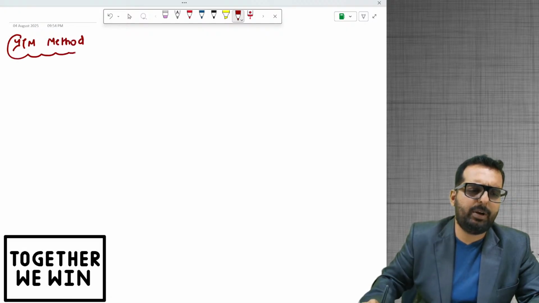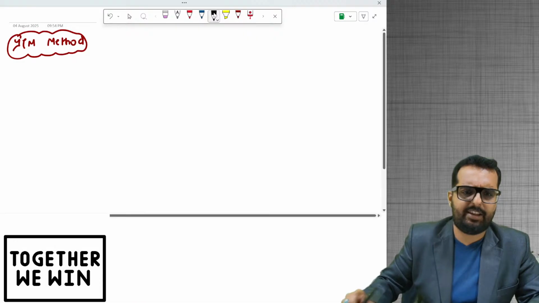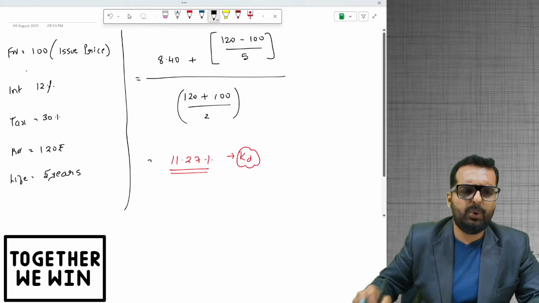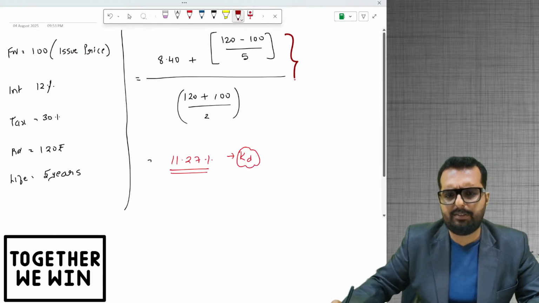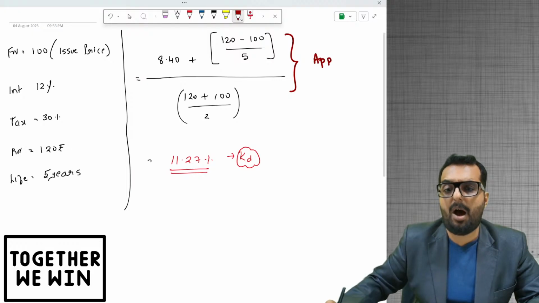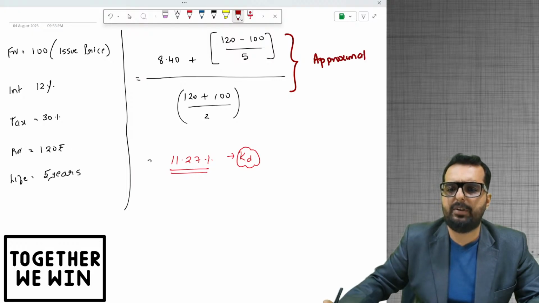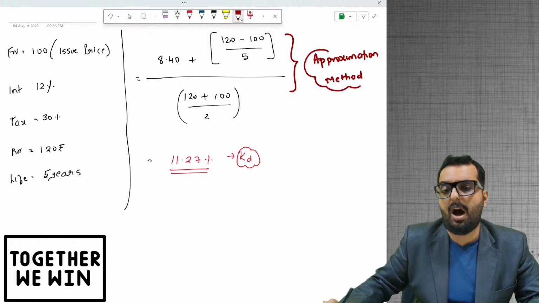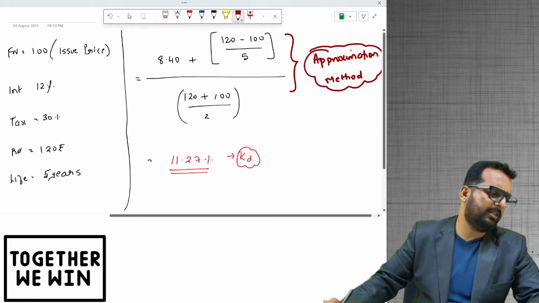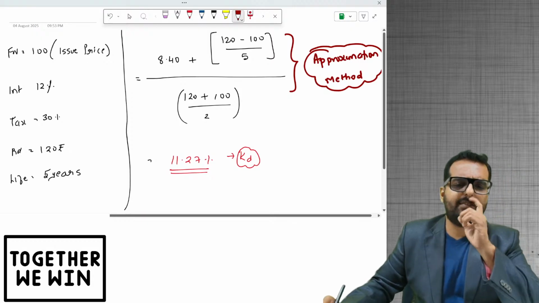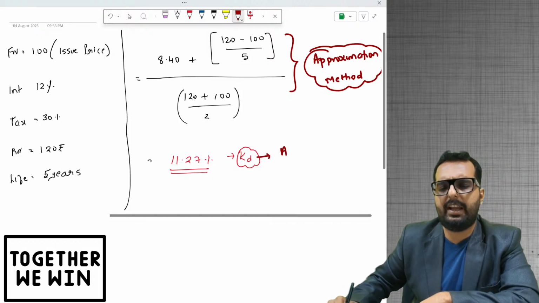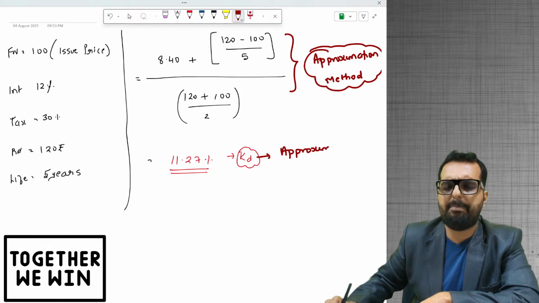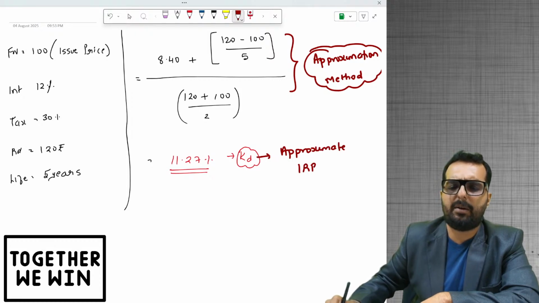Here I will do a little bit of interpolation. And let's check. Ideally, using this method that we use, this method is what we call the approximation method. Everyone repeat the name of this method. Approximation method. Everybody clear? So in this method, whatever answer we get is what I call approximate IRR.